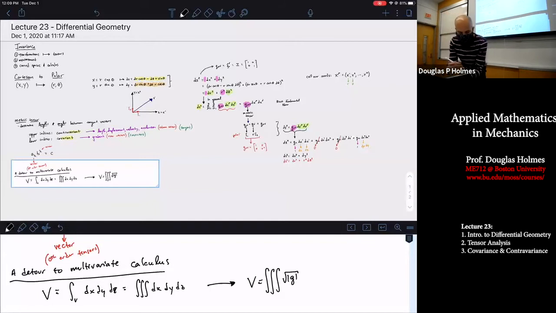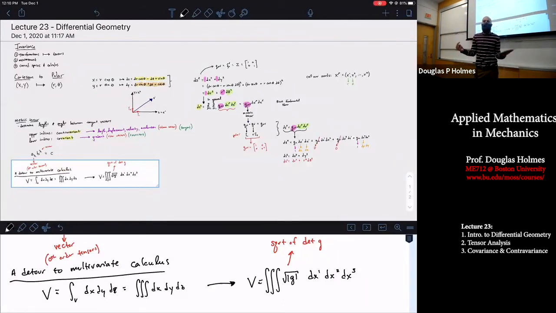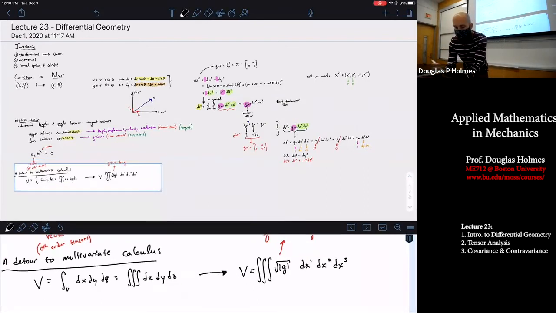Let me write that down. Then you immediately recover the ability to do your volume or your area integrals in whatever coordinate system you want. Okay, so let's take a detour here. So what is this? Let's unpack this thing.